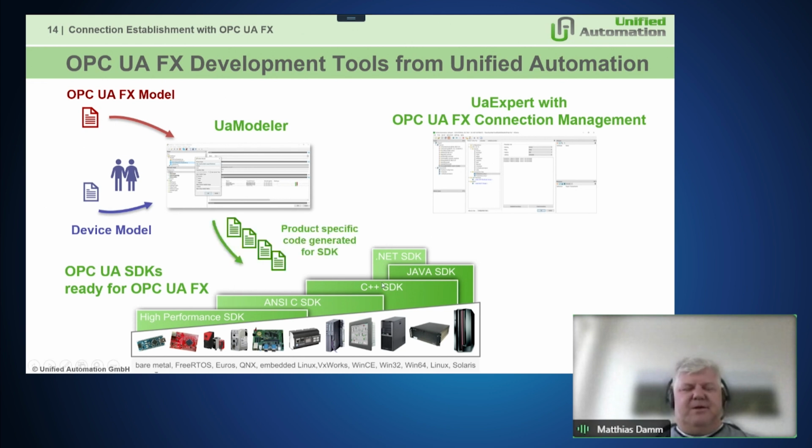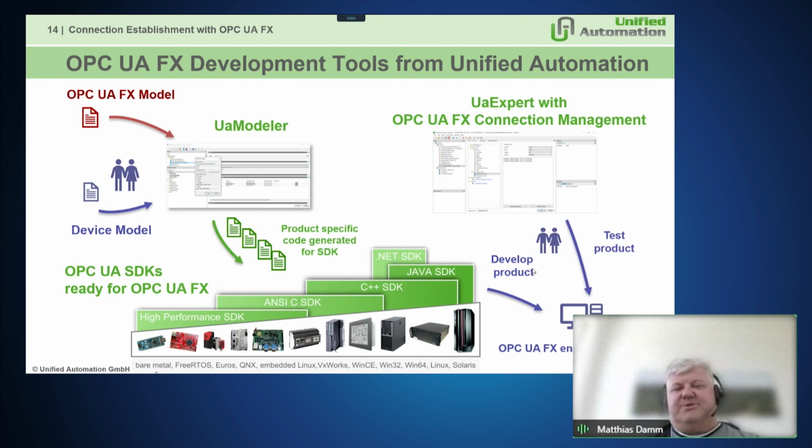You can add the logic in your product with the SDK, and then you can have an FX enabled product with libraries that are available today. And then you can use UA Expert also to test the product, like the connection establishment, and then go to certification. And that's probably one of the next things on the agenda. So thank you for listening.